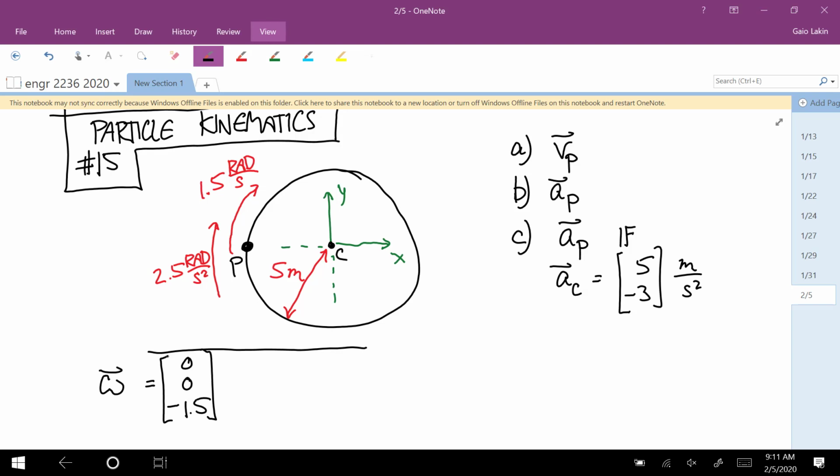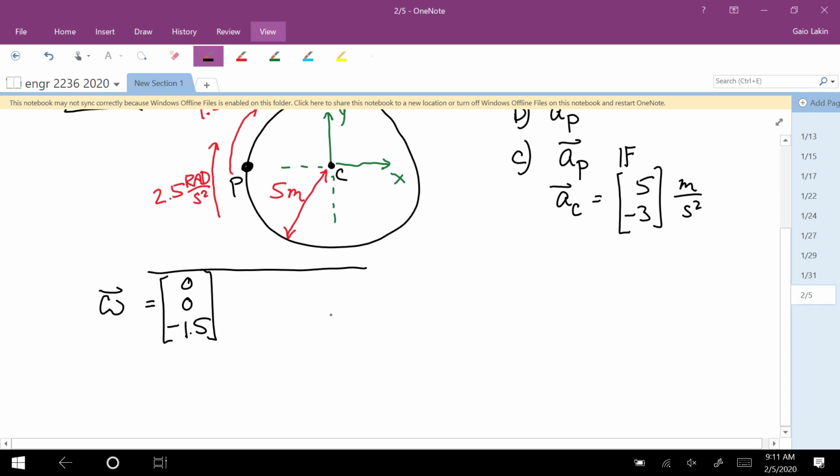Okay, and then the angular acceleration is just how quickly the angular velocity is changing. Use the right-hand rule again. It's in the negative z direction, so alpha is 0, 0, negative 2.5.